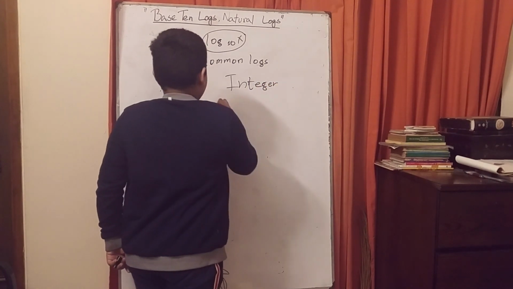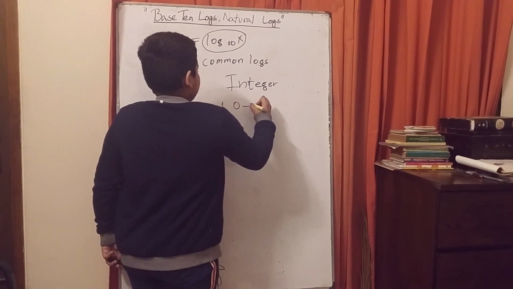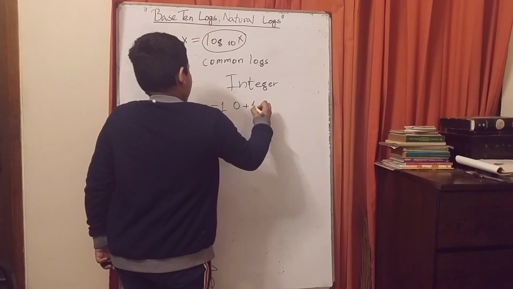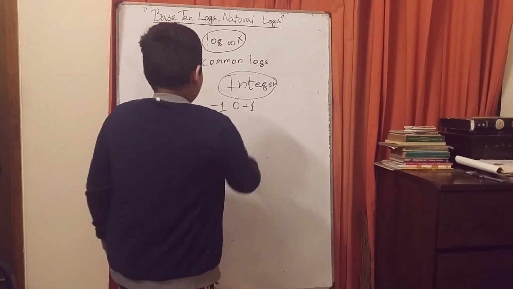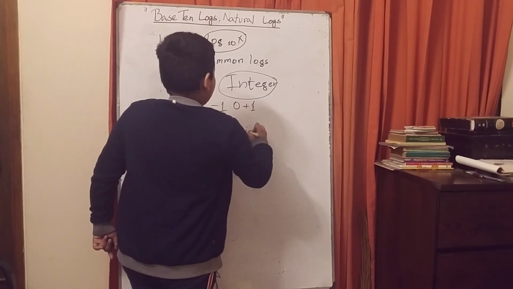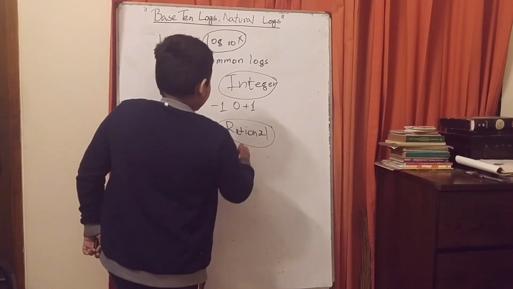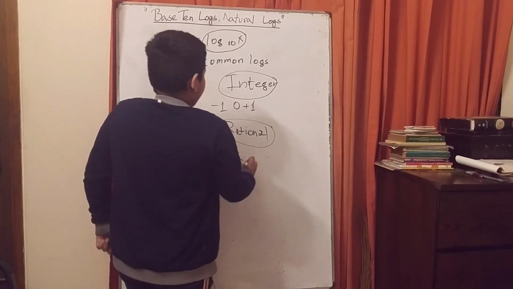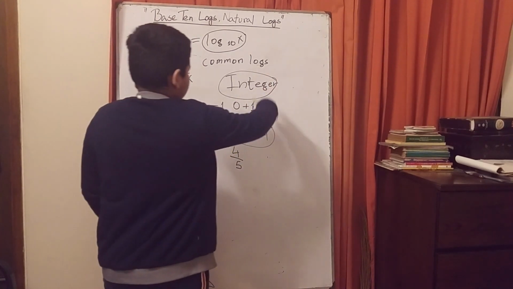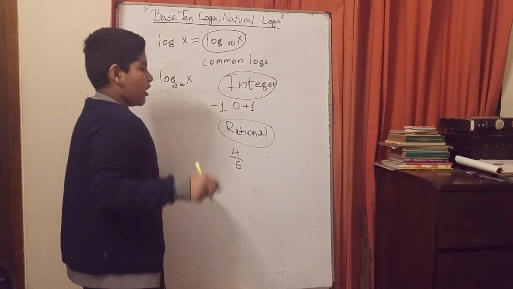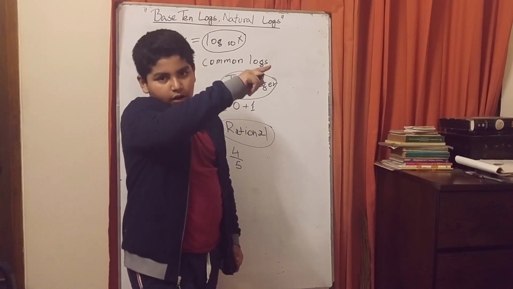An integer is basically -1, 0, +1, and it cannot be a fraction. It doesn't have to be an integer. For instance, it doesn't even need to be rational, which is basically a ratio described. See these two types of numbers in our types of numbers video. I'll link it up in the cards.